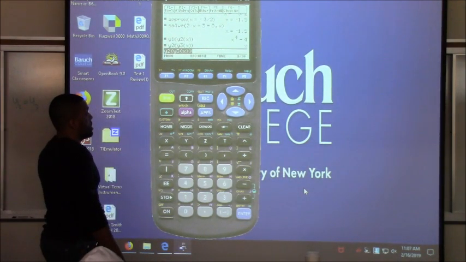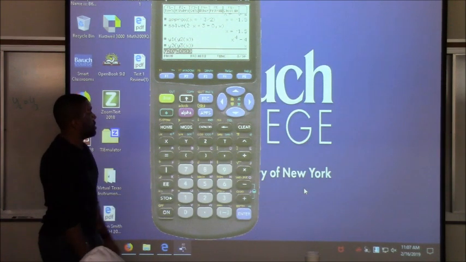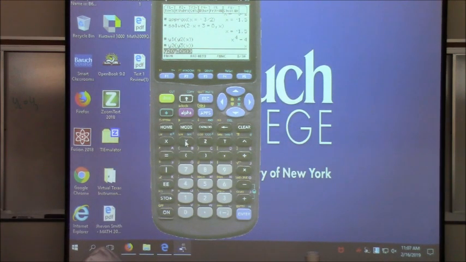Now you should also know that your calculator can evaluate things. So for example, I could ask it, well, what is y1 of y2 of 1? Right? So evaluate the composition function at a specific point, and it'll tell you, oh, it's minus 3.